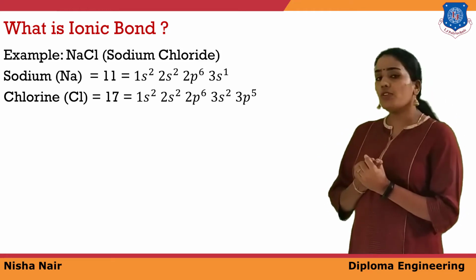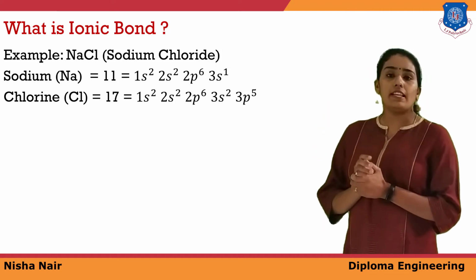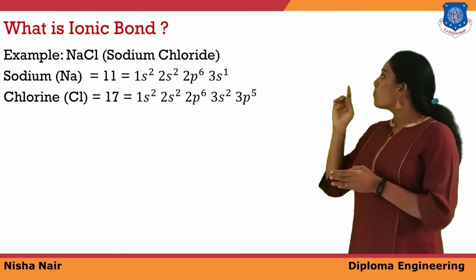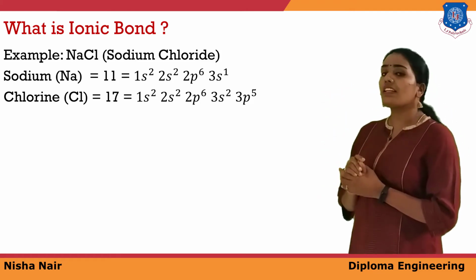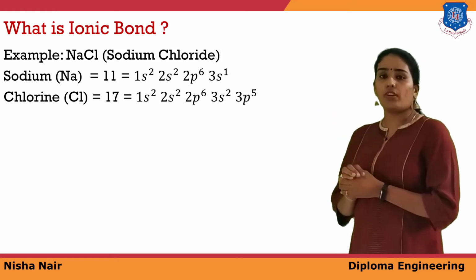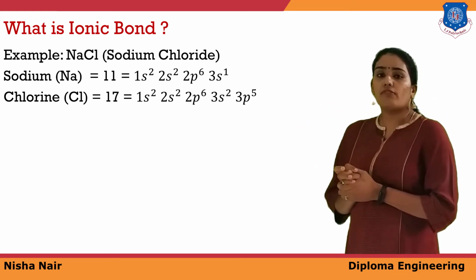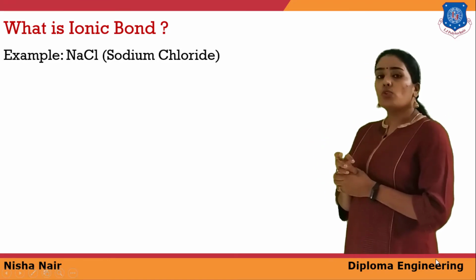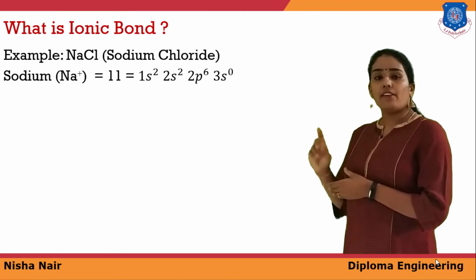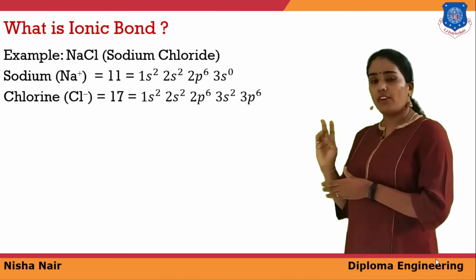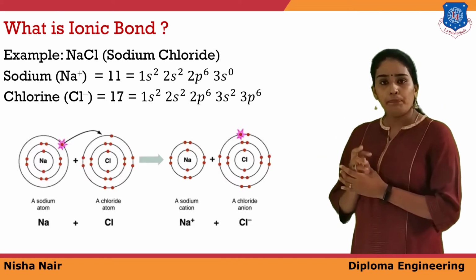So the question is, who is going to give electrons? As we know, sodium has an electropositive nature, so sodium will give 1 electron to chlorine. The last electron of sodium is given to chlorine. After giving the electron, sodium will have a stable configuration of 1s2, 2s2, 2p6, 3s0, and chlorine will have the electronic configuration 1s2, 2s2, 2p6, 3s2, 3p6.